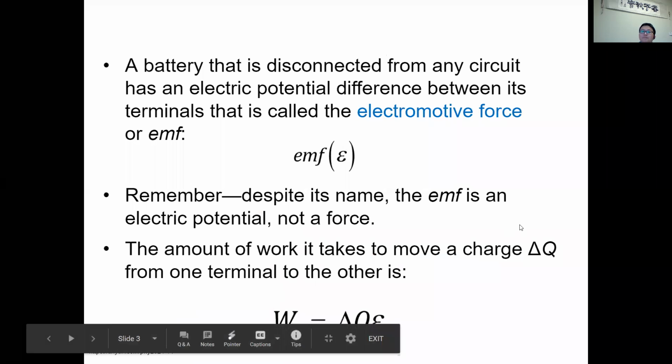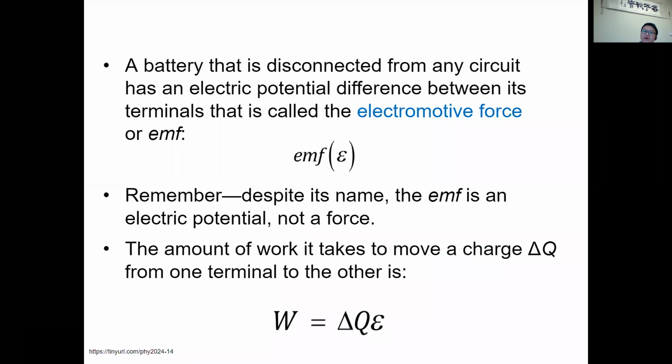The electric potential across the terminals of a battery is called EMF, or electromotive force. In symbol, EMF, the abbreviation for electromotive force, is given the sign epsilon specifically, but it's just the voltage. So keep in mind this is voltage.